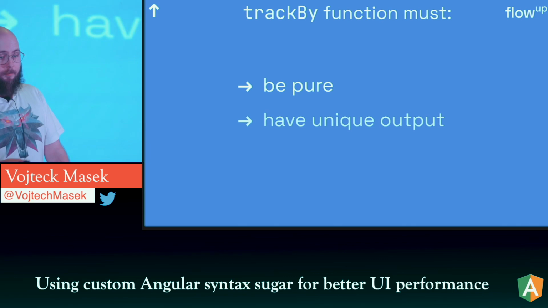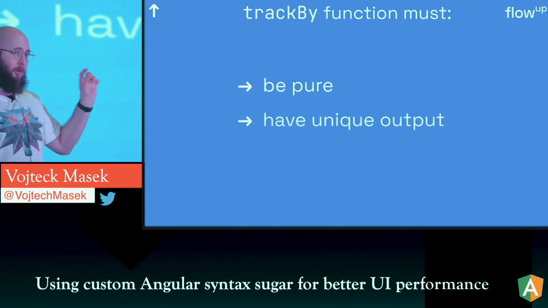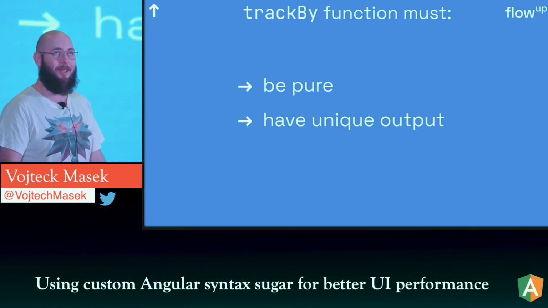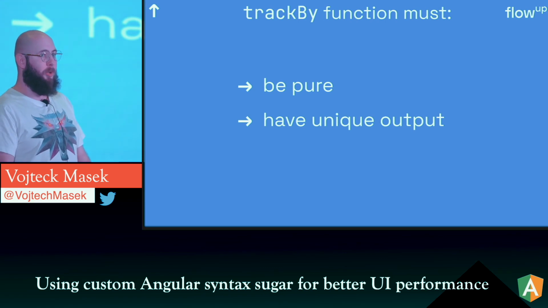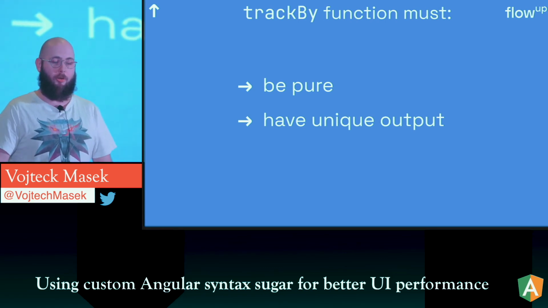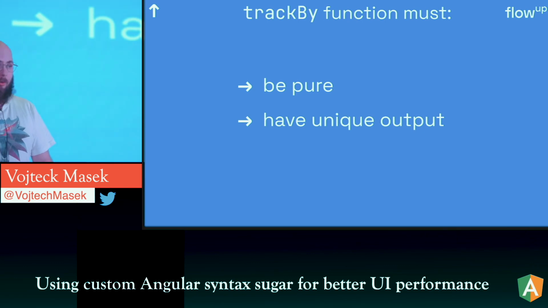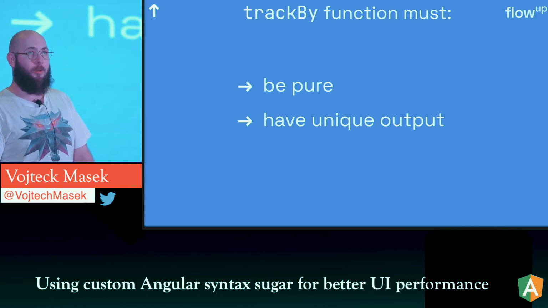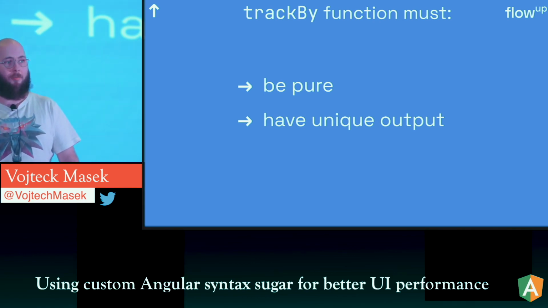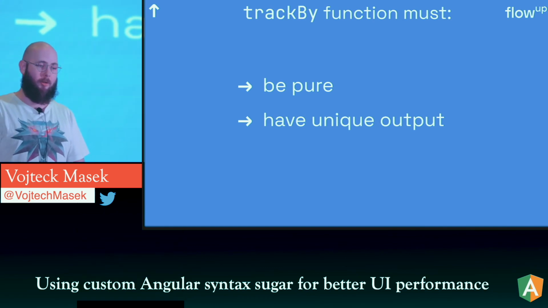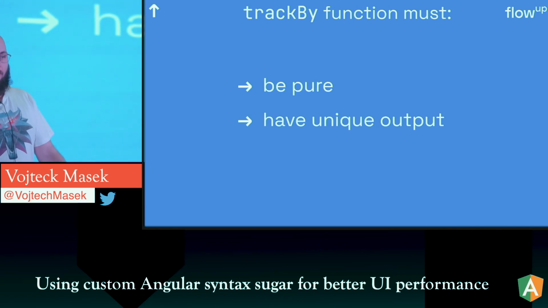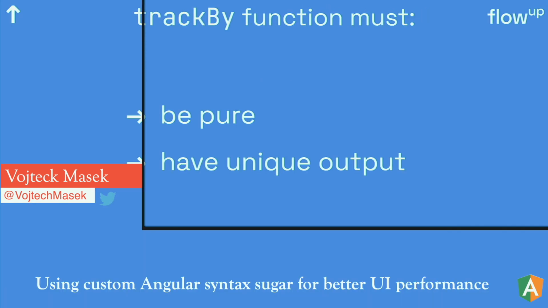So that's pure. It has to be unique. If the same item does something and it needs to be validated, then you need to be able to uniquely identify them, even if the order changed or if something happened. And also no two items should have the same output for the track by function. So you usually choose something meaningful to accomplish these rules, like a unique ID or, I don't know, a title, or a link that could fulfill this.